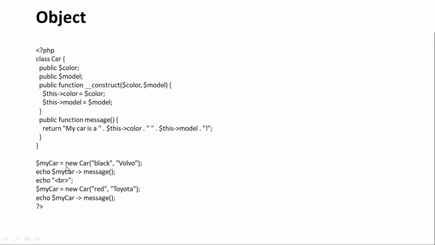And after that we used a new variable my car, inside it new Car, black Volvo, and then echo, with which we are printing my car and the message function. And then we break the line, and do the same thing with a different car, red Toyota. So we will see it inside our Sublime Text. We will see what output it shows and why.